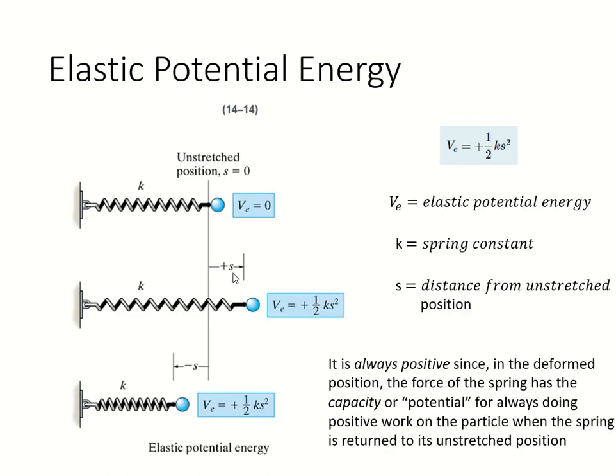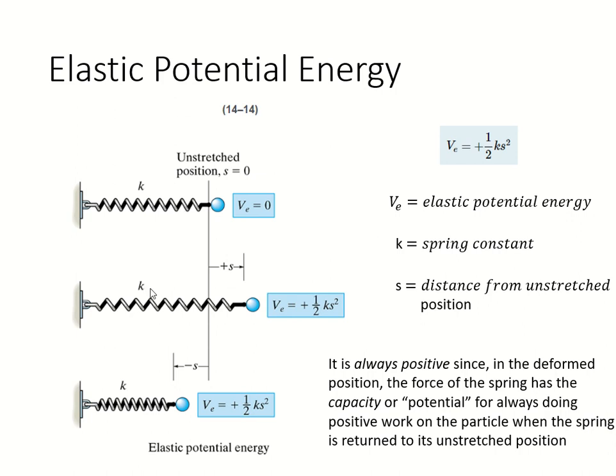Okay, so that's a different example for your elastic potential energy. Now we are going to use a textbook diagram, so you can see it better. Here you have your K, and this is your unstretched position. Potential energy is completely zero, because we have an unstretched original position S, which is zero, your reference point, because we are measuring the new distance from that point zero.